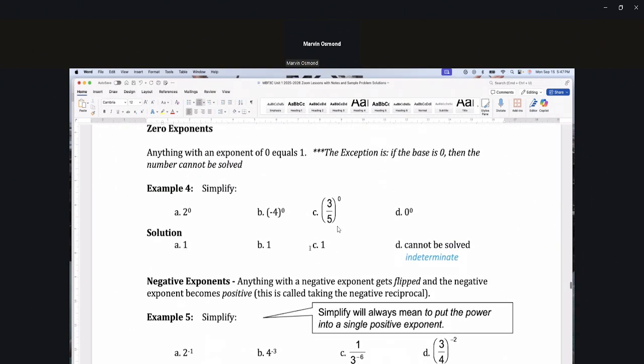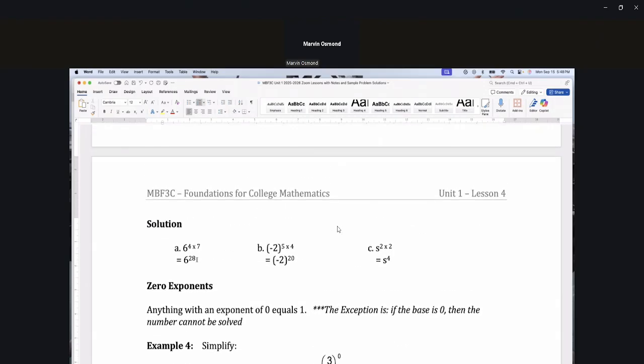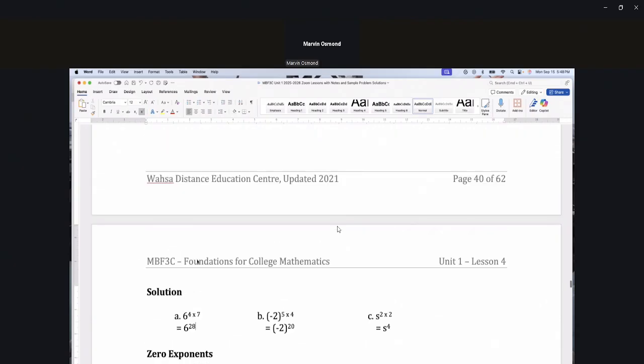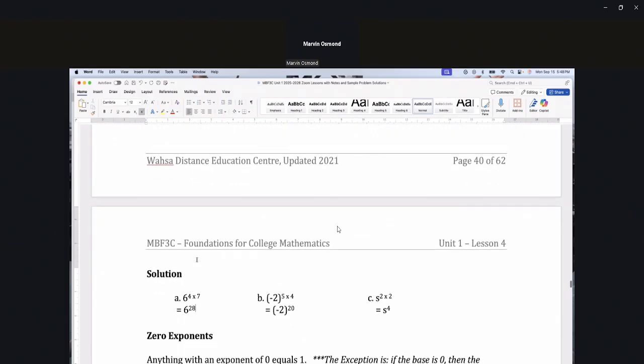So anything to the power of 0, again, always 1. And we didn't work these out here because 6 to the power of 28 would be a really, really big number, so we left them with a positive exponent.